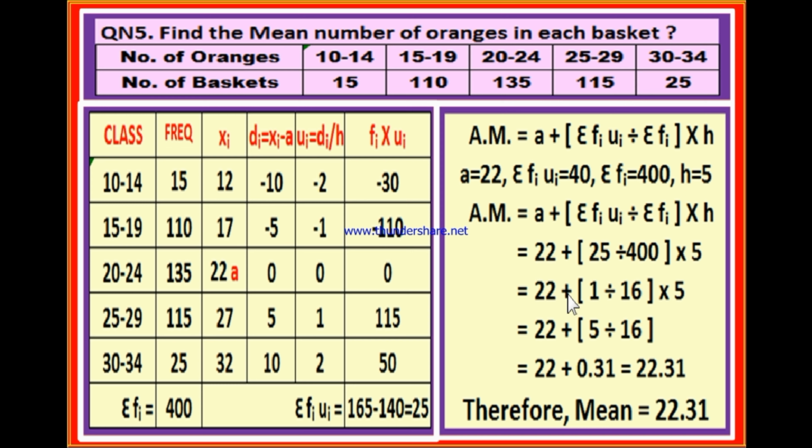Now this is 22 plus 25 in 25 one time and in 425 16 times, so this is 5 divided by 16. If you divide 5 by 16, you will get 0.31. Therefore 22 plus 0.31 is 22.31. The arithmetic mean of the given data is 22.31. This is question number 5.